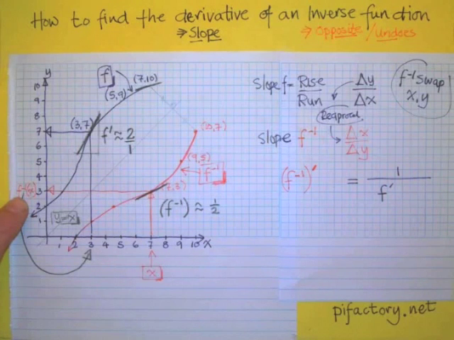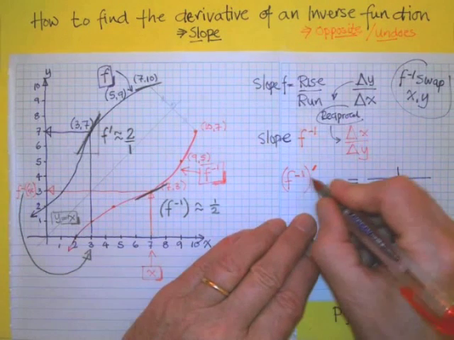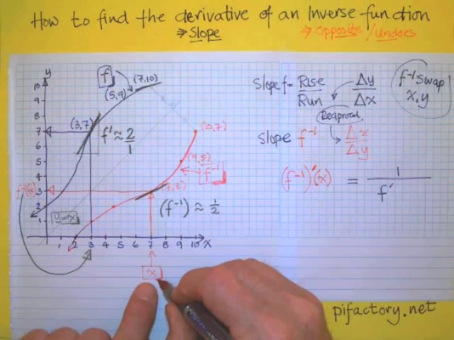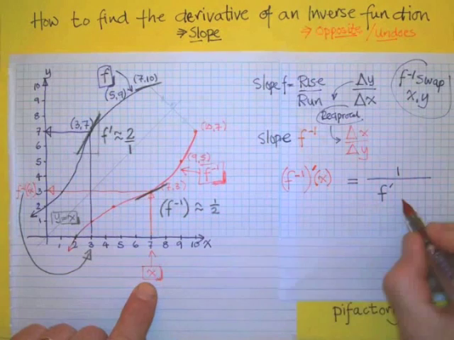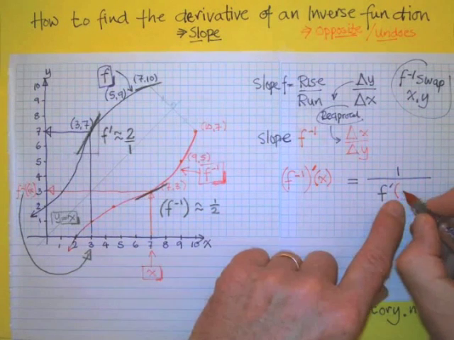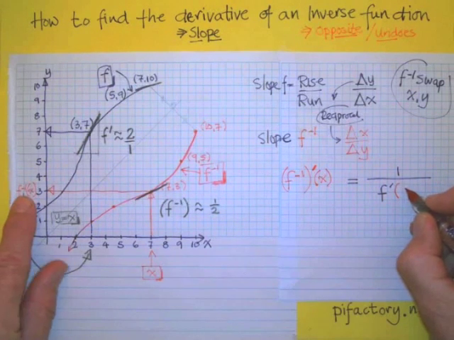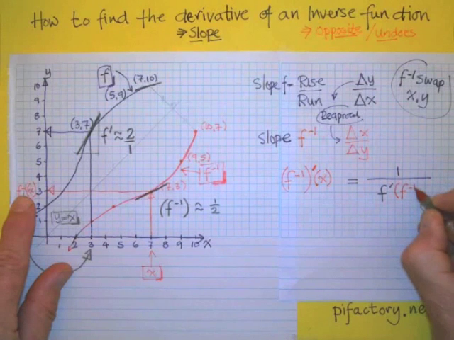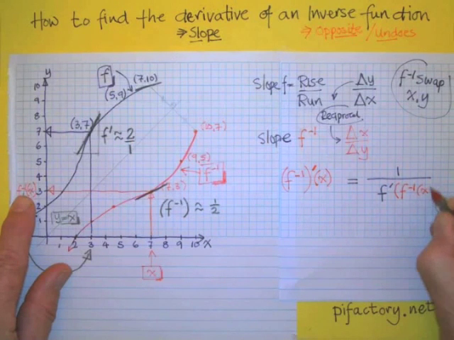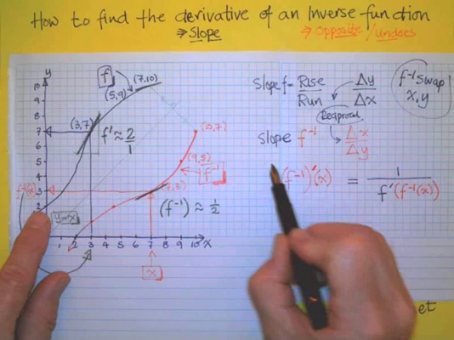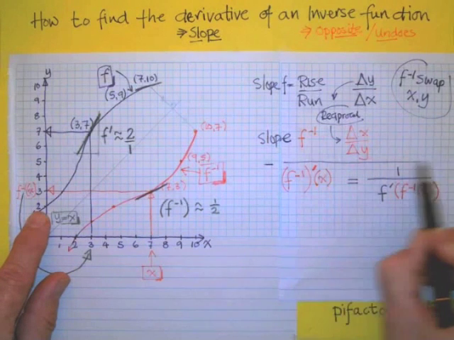So what we're now able to do is to say that we can put an x in there because it's this x, and the input into our f is not x, but it is this inverse f of x. Now we've actually got something that we can work with.